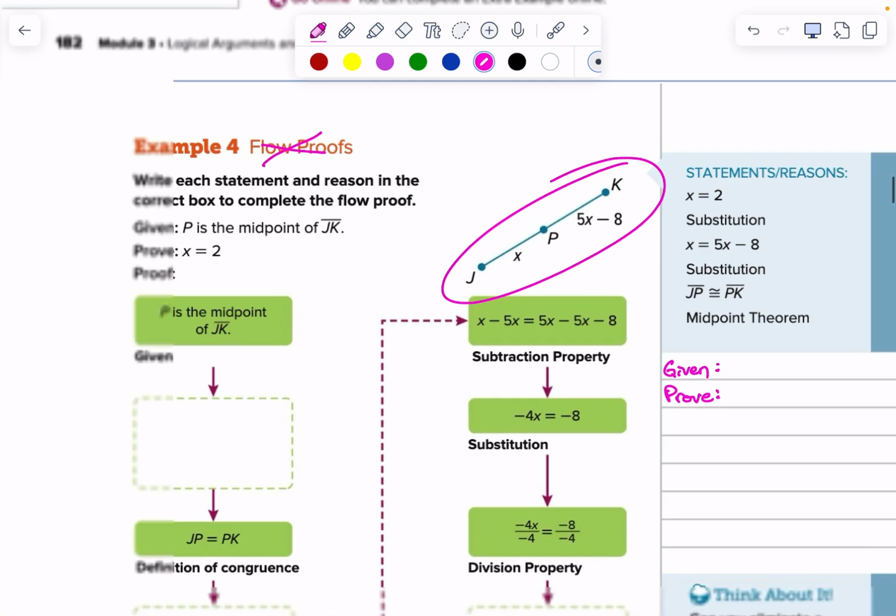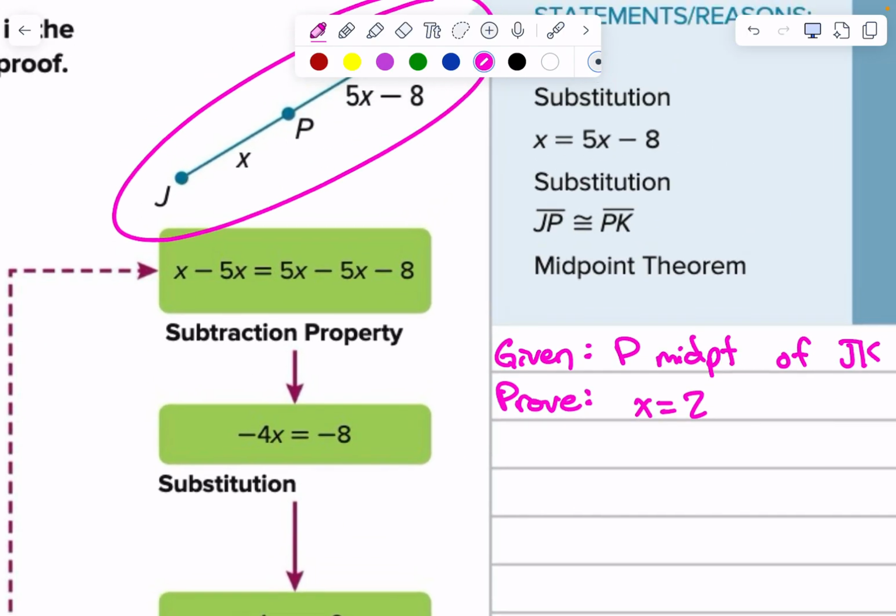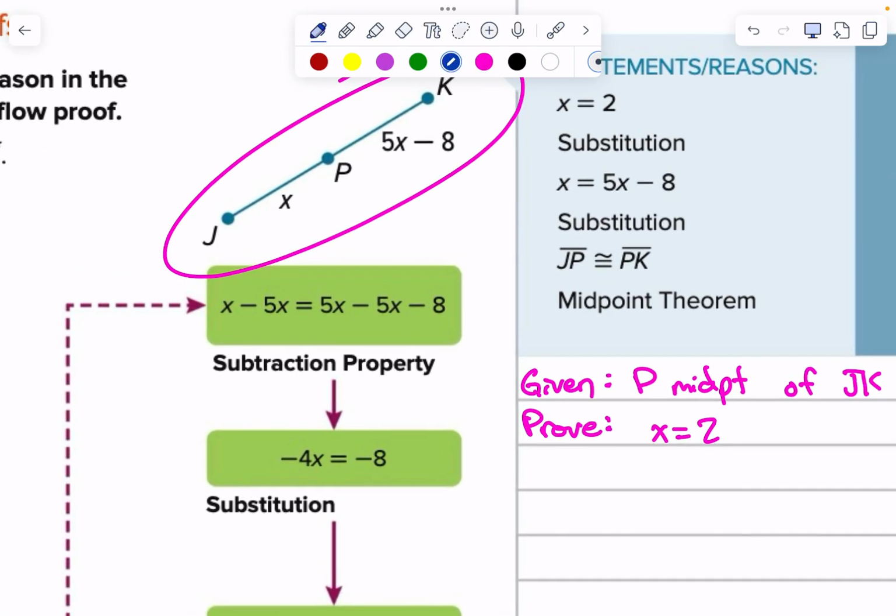So given P is the midpoint of JK. We are trying to prove that X equals 2. What? That's weird. Okay, so I have that diagram going on there. Given, prove, all the things. We may take a different route than what they have going on here for their flow proof, but basically it'll end up being the same outcome.